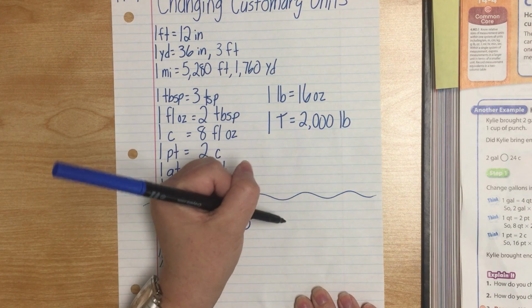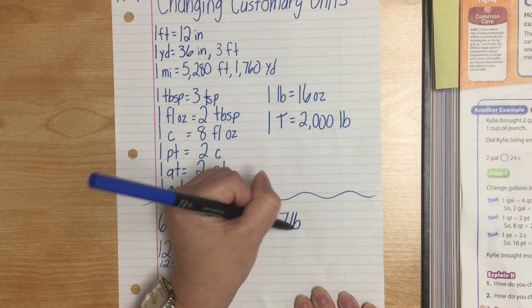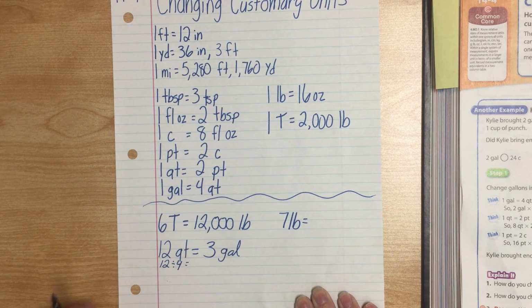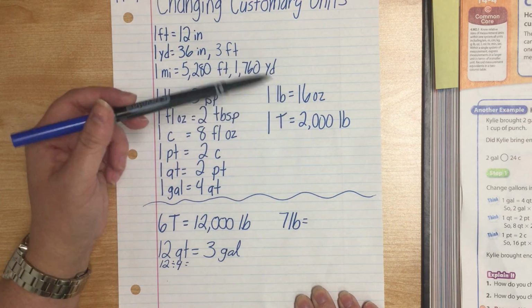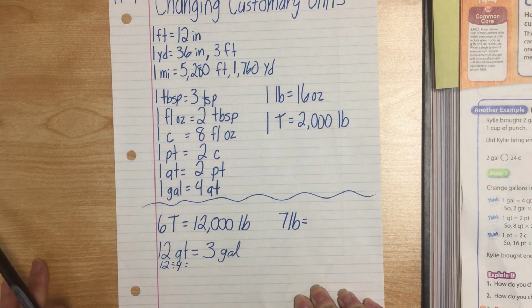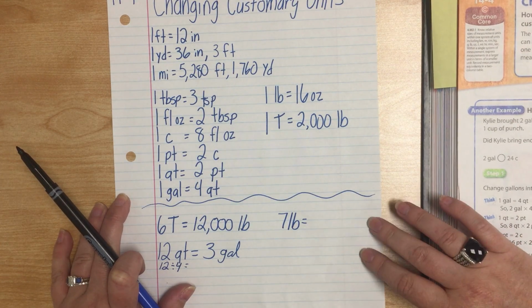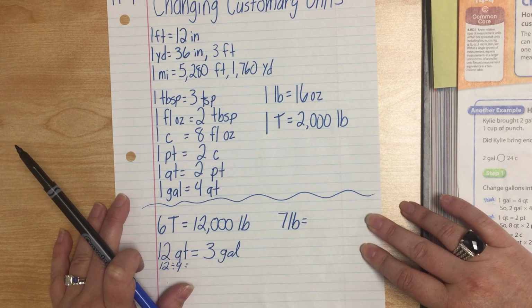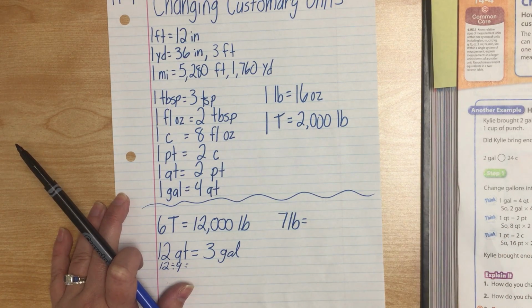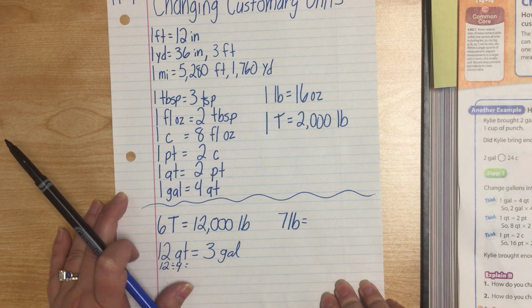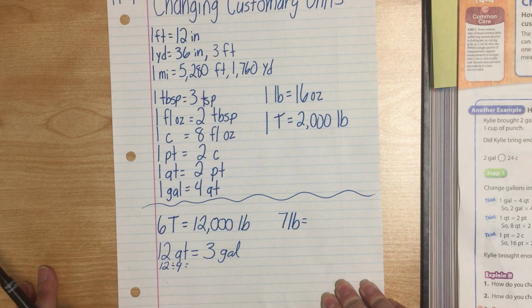Okay, what about pounds? If I have 7 pounds, and I'm going to convert that into ounces. 1 pound is 16 ounces. So what am I going to do? Am I going to divide or multiply? I'm going to multiply.